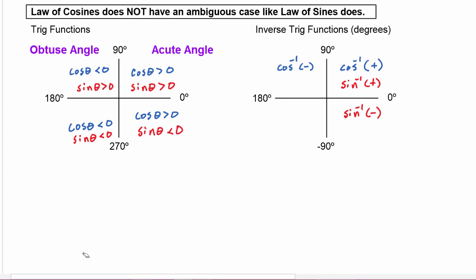Another way I think you can look at this to help you understand is we know that in the law of cosines, there are only two special cases when we're even allowed to use the law of cosines. And we know that's when we have side, side, side given, or side, angle, side given.